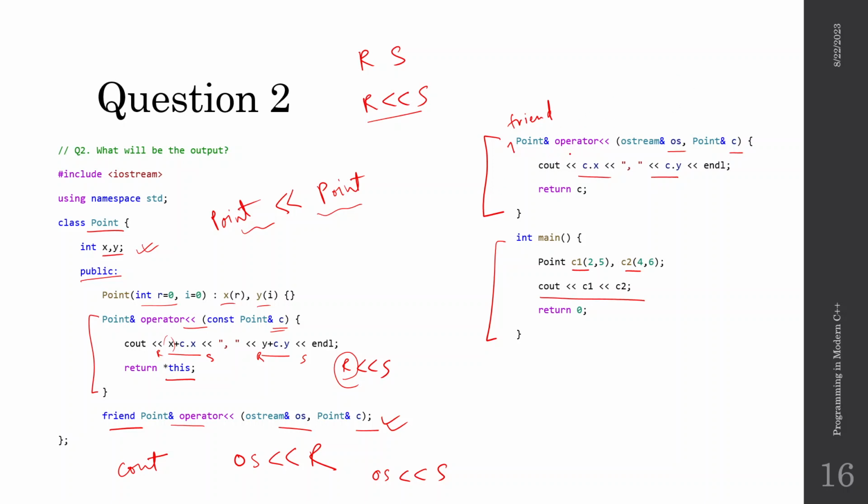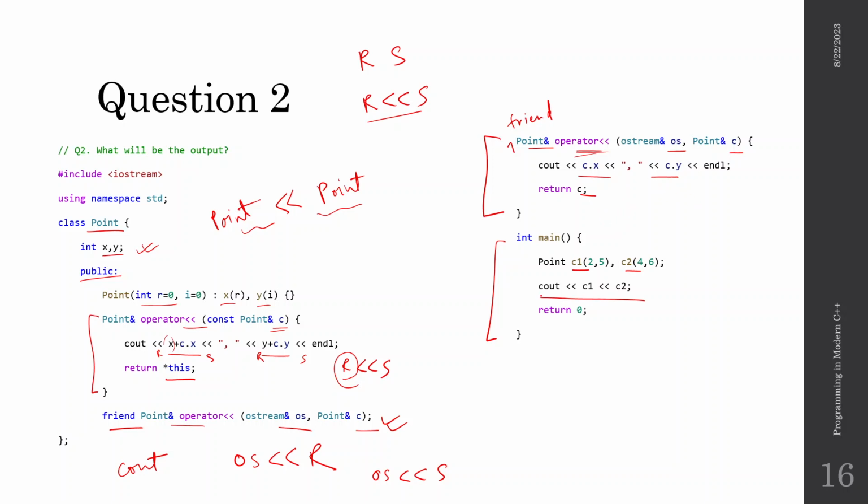One more thing, you can notice an interesting thing about the function that we have overloaded here. We take an output stream and a point c, and then we print the values c dot x and c dot y to the screen, but at the end we return the point c. Instead of returning the output stream, we return the point c.